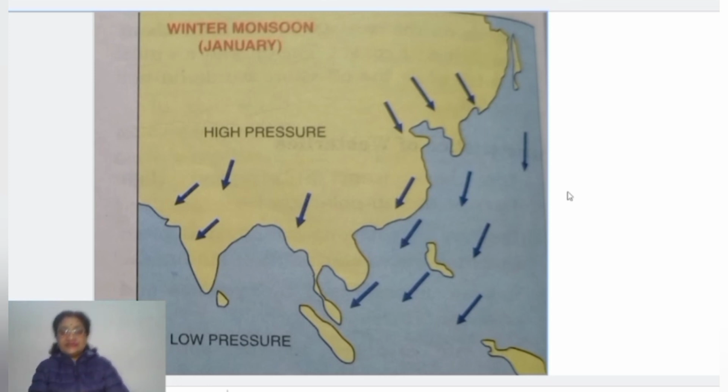Now besides these, one more example we can discuss here. Suppose Chinook, right? Chinook again has a similar effect like the Foehn. Chinook is found especially over the slopes of the Rocky Mountains. Because these are again warm winds, when they blow over the slopes of the Rockies, they help in melting the snow.